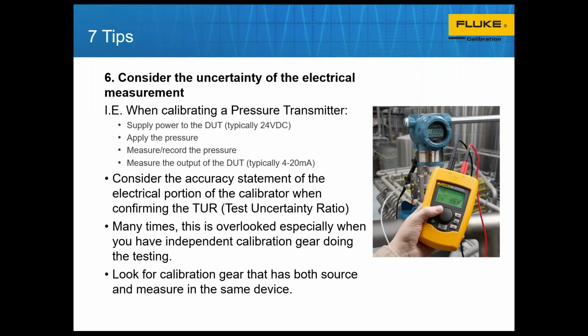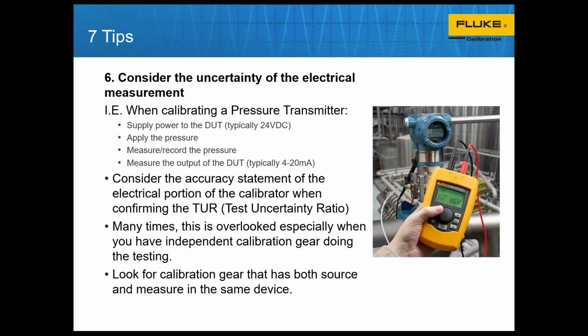All right. One of the last tips that we have initially on this particular section of the presentation is to consider the electrical portion of your calibration. Most people look at the pressure calibrator from a pressure accuracy perspective because they want to make sure that they have the right 4 to 10 times more accuracy, and they may not intentionally, but maybe not look at the other side, the 4 to 20 milliamp side, especially if it's a self-contained unit.